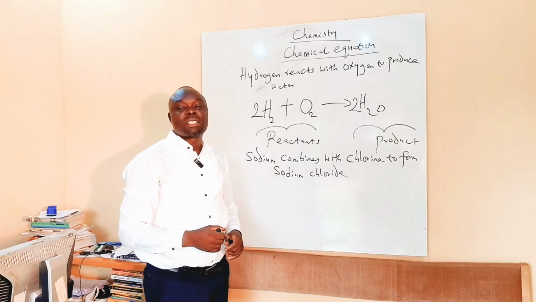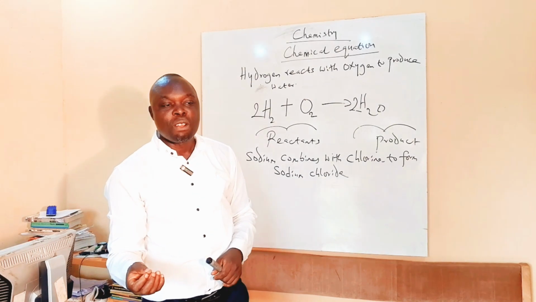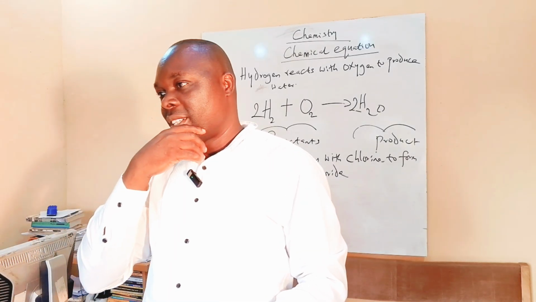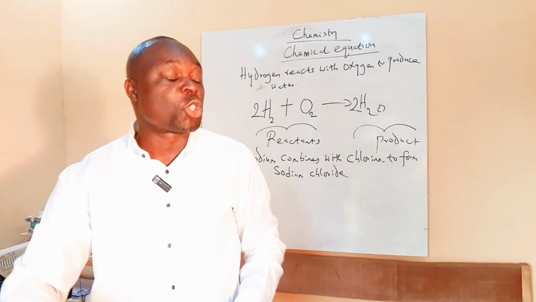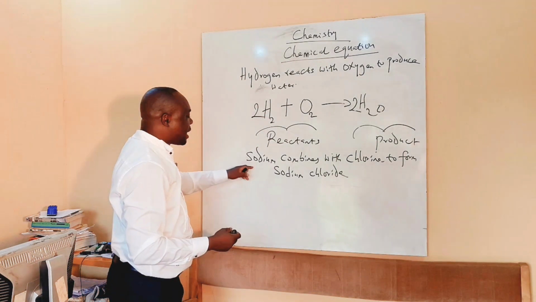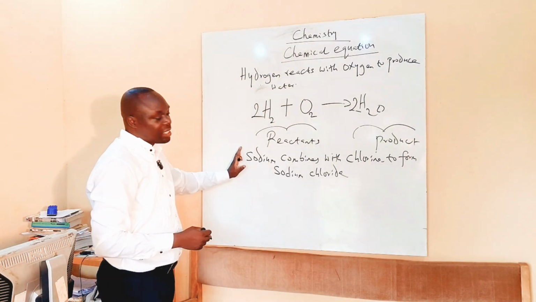Sodium chloride is that salt you use in your house to prepare stew, to prepare soup. That thing you are putting in your soup is called sodium chloride in chemistry. That is the name. And it is formed by combining sodium. So this one is a statement made.